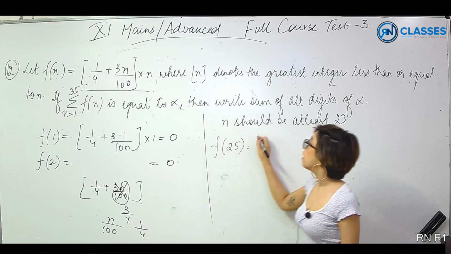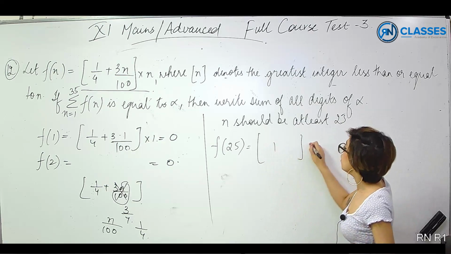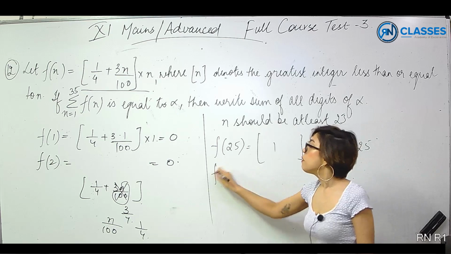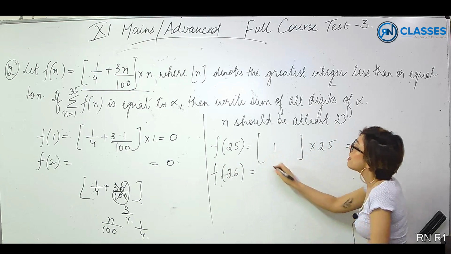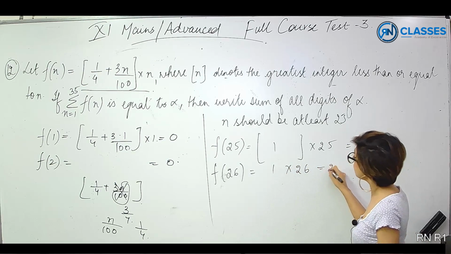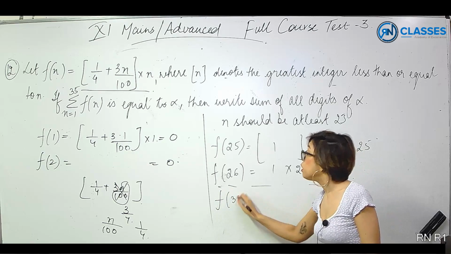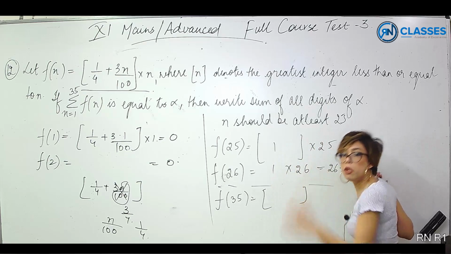Now this quantity inside becomes exactly 1, into 25. So this is 25. Then f(26), now it is slightly greater than 1, so this is 1 only, into 26, and so on. Now let me check what happens for f(35): whether the quantity inside becomes equal to 2 or not, or maybe greater than 2.